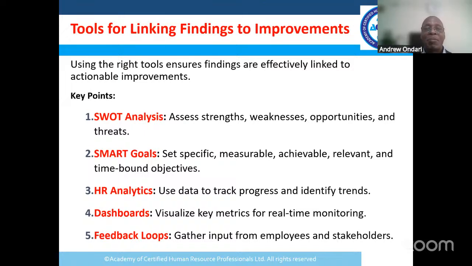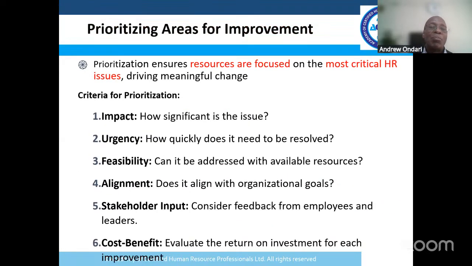Thank you very much. So let's move to prioritization for purposes of improvement. And prioritizing basically means that we identify aspects in the human resource audit that should be implemented in a particular order. So the ones that are very important are prioritized.